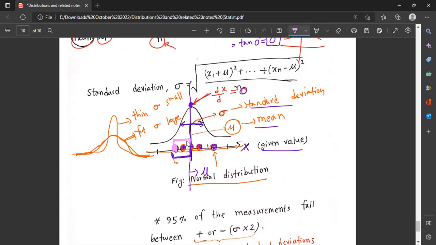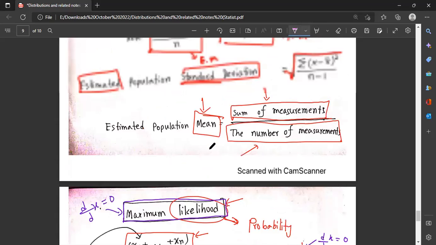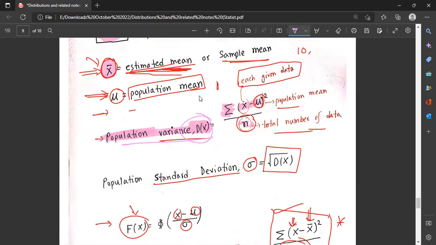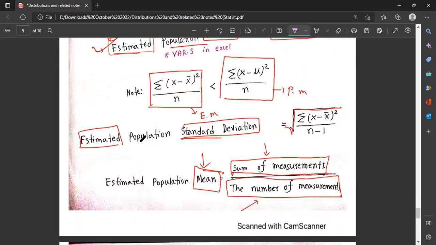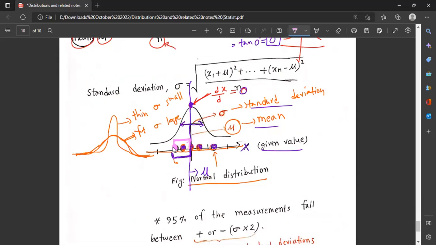That is called variance, and it has a formula. I have already shown you here, the population variance: summation of (x minus mu) whole square by n. So this is the variance, okay? But in the graph, it is like how far the data is from the mean value.